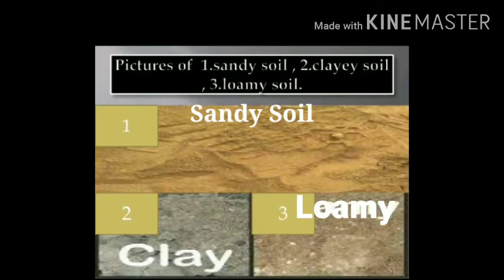Here you are able to see the pictures of sandy soil, clayey soil as well as loamy soil. Here in Rajasthan, you have seen the soil is a sandy one. Many small sand particles are there, by which they are not able to retain the water.